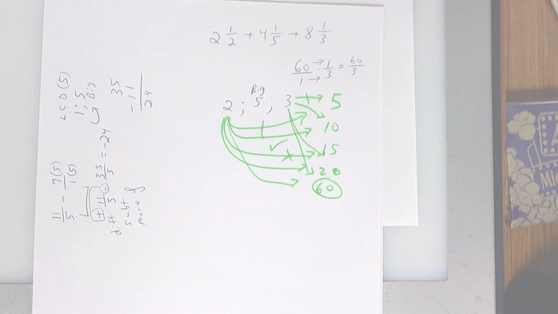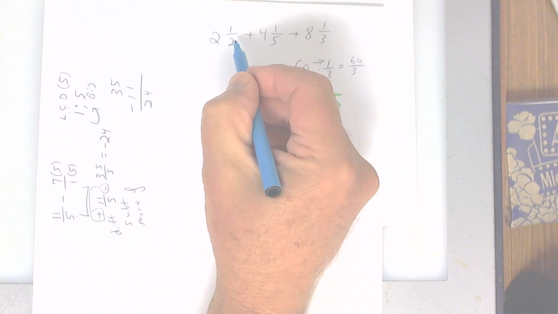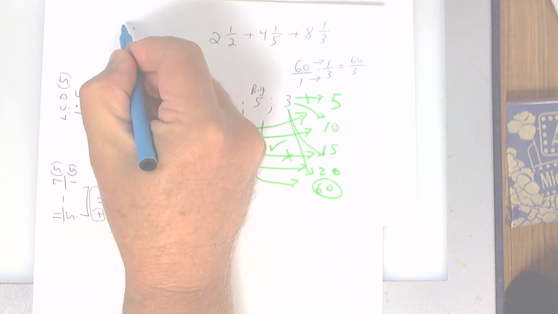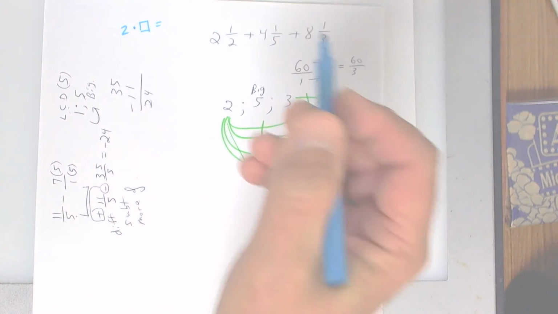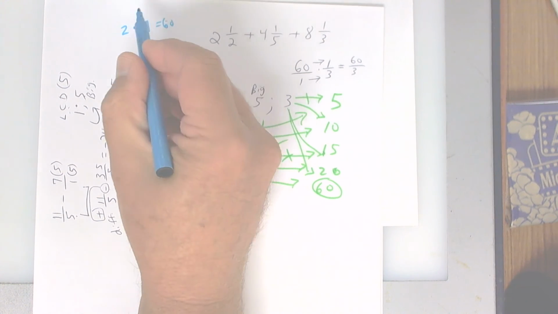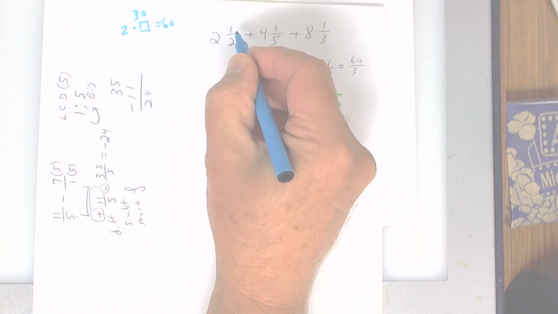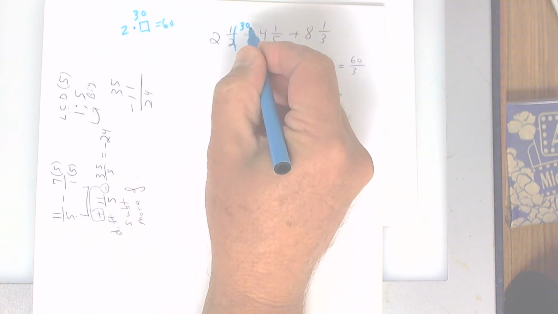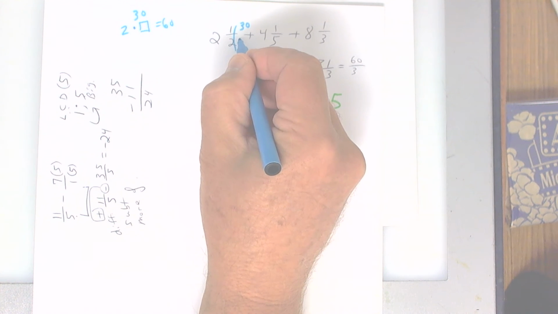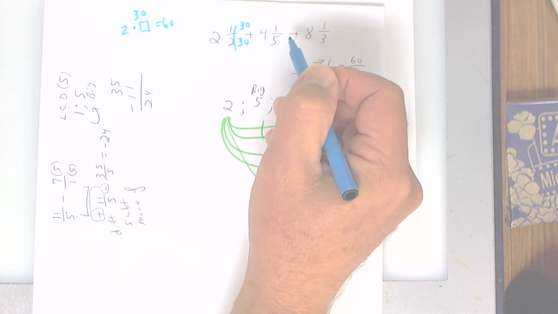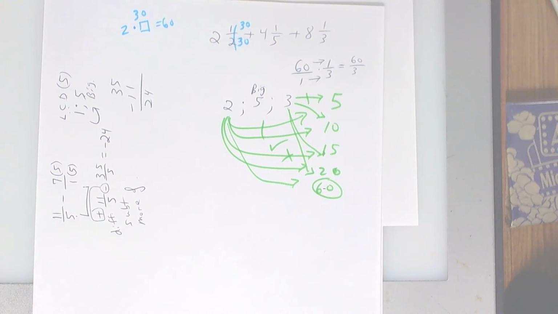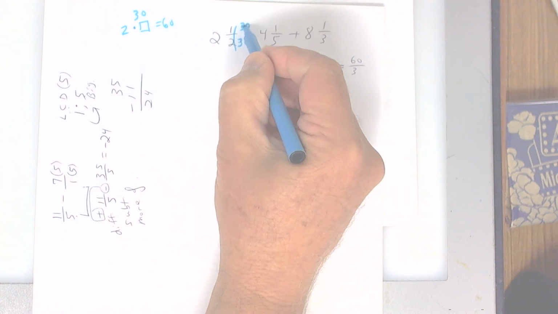So here, you're going to say 2 times what is equal to 60? Well, that's 30. So you're going to multiply this one by 30 and this one by 30. And actually, what I should do is first change it to an improper fraction.